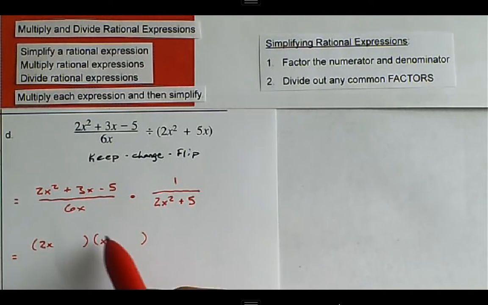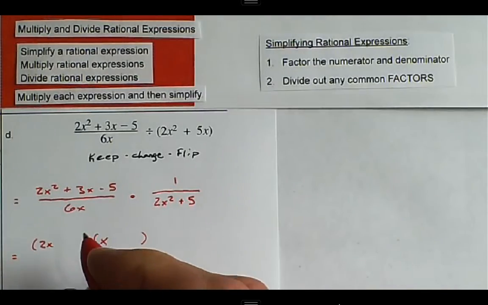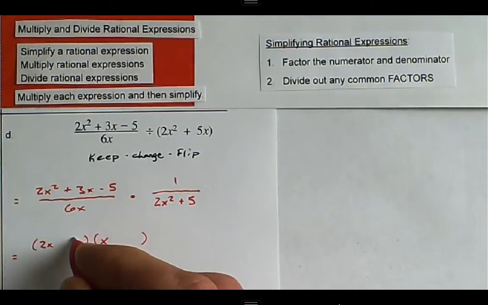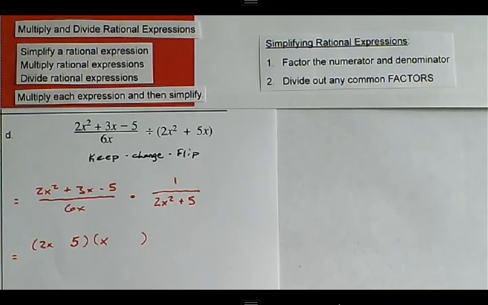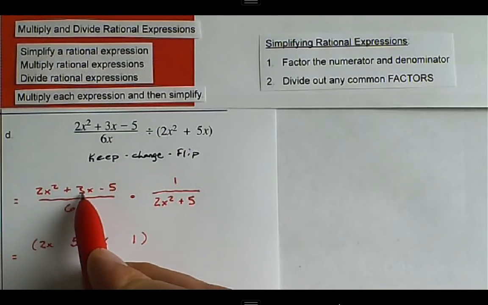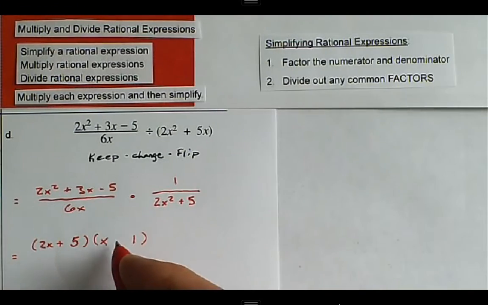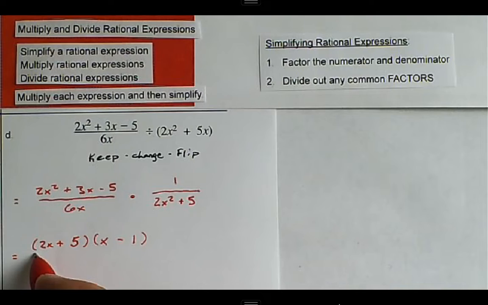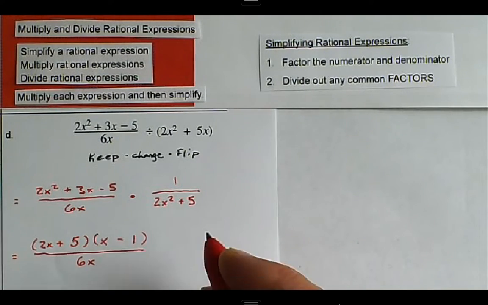So if I put 2 times 5 here, that's going to give me 10. It's going to get me too far away from my 3. So we want to make that be 5, and that's going to be 1. And we need it to be a positive 3 and a negative 5. So that will make that happen. And that's still going to be divided by 6x.